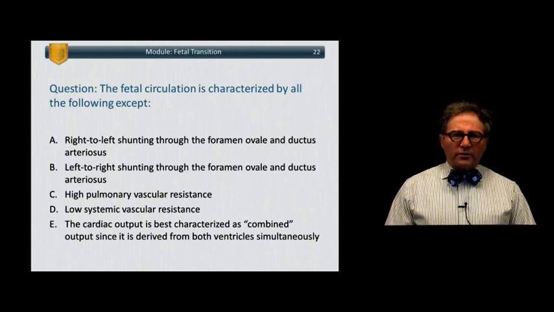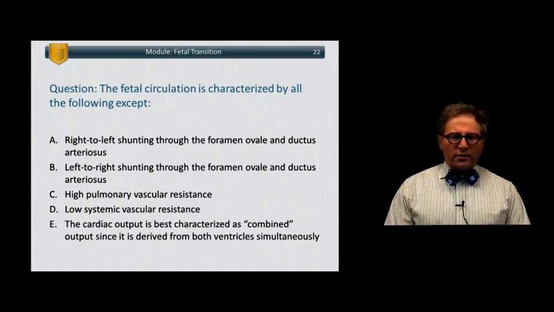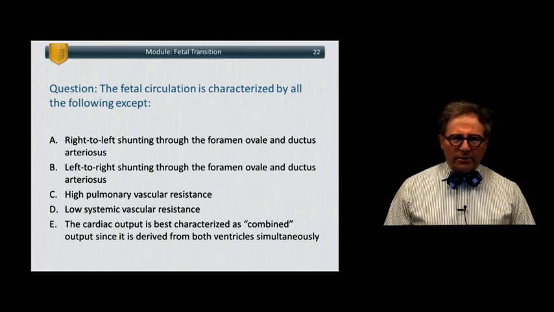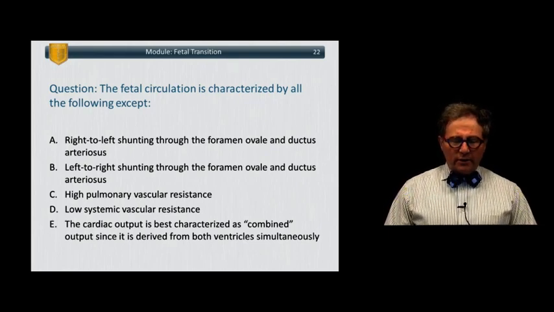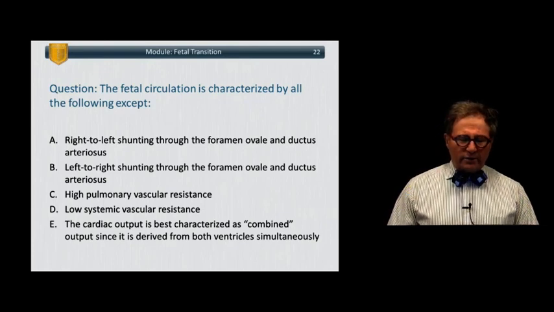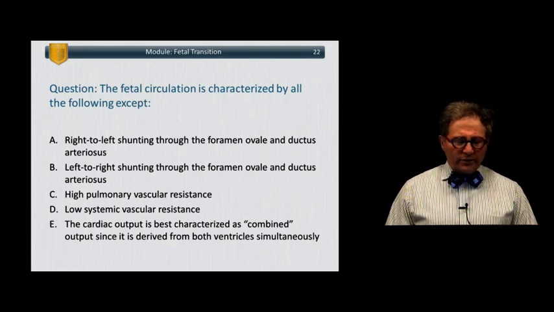We can pause at this point and ask the following question. The fetal circulation is characterized by all of the following except: A, right to left shunting through the foramen ovale and ductus arteriosus. B, left to right shunting through the foramen ovale and ductus arteriosus. C, high pulmonary vascular resistance.